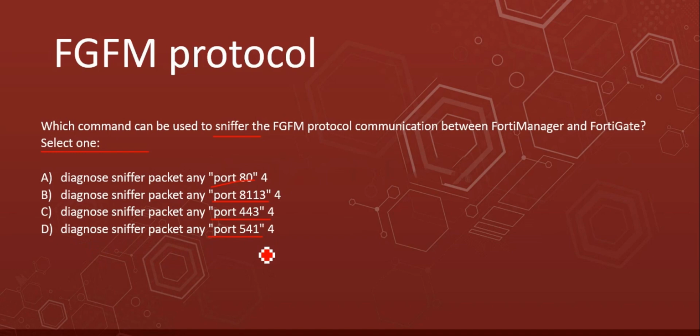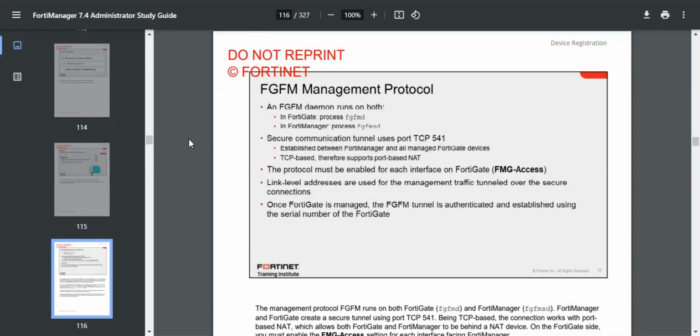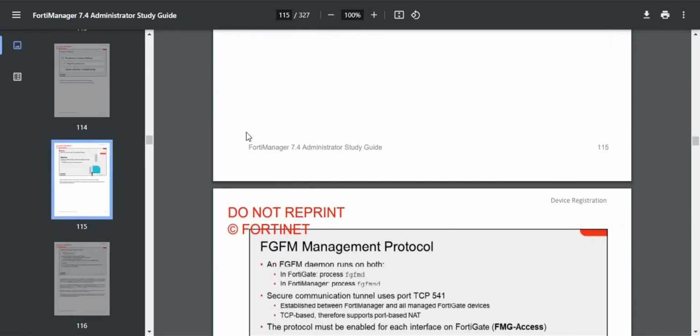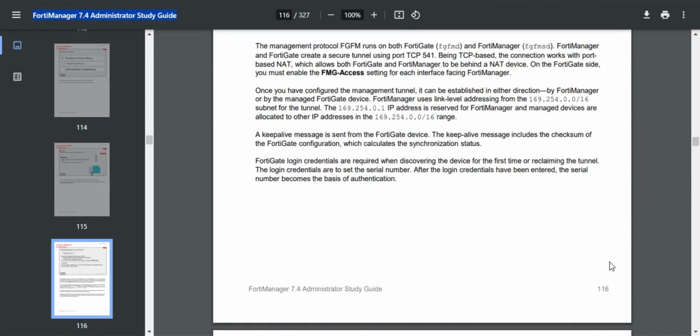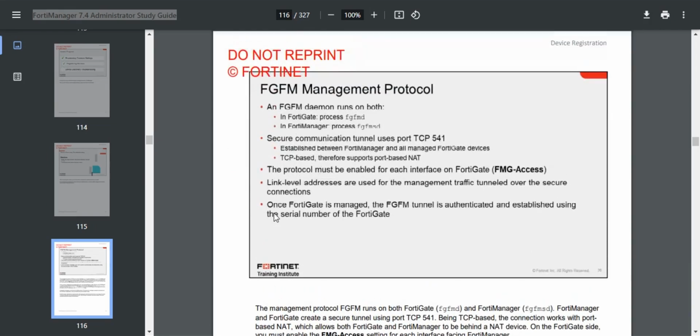Okay, let's understand what the FGFM protocol is and what the port number is. Let's open the FortiManager 7.4 Administrator Study Guide, page number 116. You can see here FGFM Management Protocol.